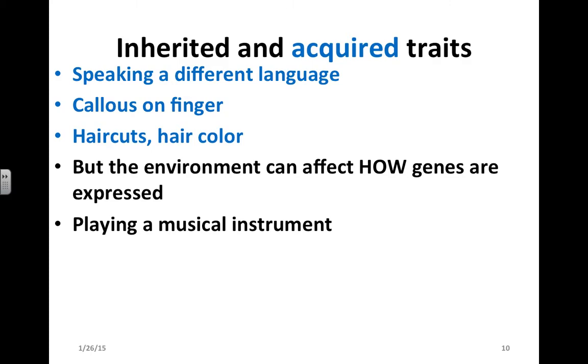But if your parents never, ever, ever let you play it, or you never took lessons, or you never enrolled in a class, chances are you're not going to be a very good musician. But you still have that gene for the musical instrument. So that's inherited, but yet the environment affects how this gene is expressed. In fact, in the example I just gave you, the gene would not be expressed at all because you wouldn't be a very good musician without any kind of practice at it.